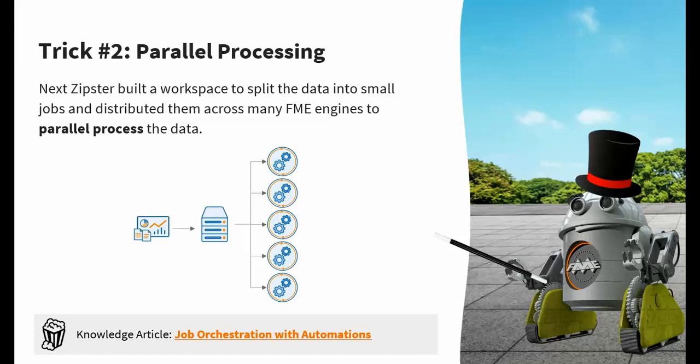Let's start with parallel processing. The concept of parallel processing is dividing one job into smaller steps or smaller jobs that different FME engines can process individually, and then later we can combine these outputs into that one output.